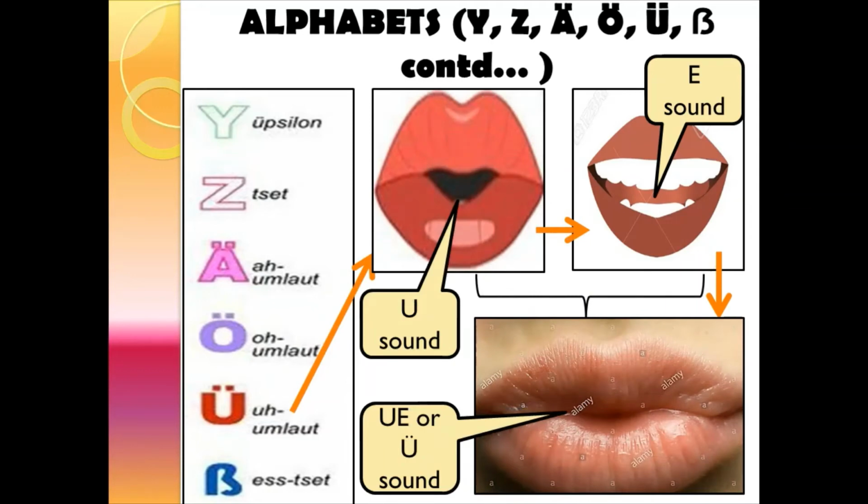Now to make the U umlaut sound, you need to first imagine again making your facial muscles tense in such a way that your mouth becomes rounded again, as you did for the O sound. And then you let out some air whilst making the U alphabet sound this time.